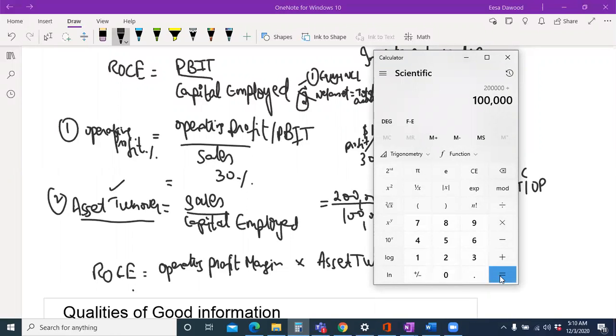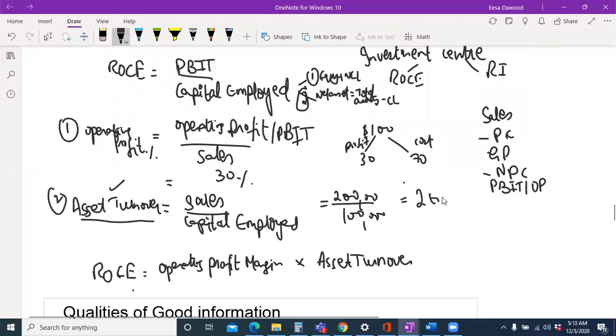Out of the investment of 1 lakh, you actually generated sales of 2 lakhs. So that means sale is two times the investment. The more the revenue, the more the profit is. So the more times the sale is in proportion to the investment you're putting into the business, definitely the more profitable you would be.